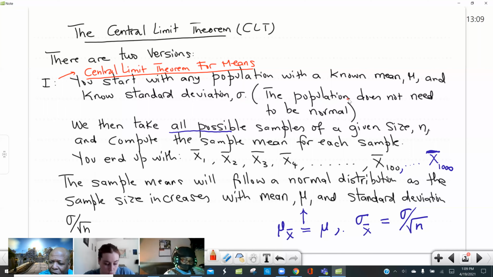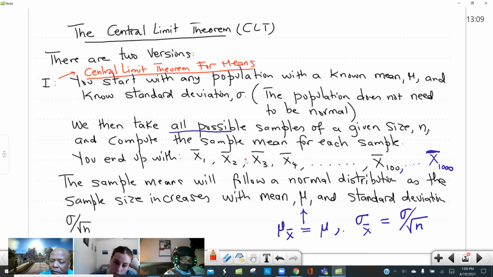The population may be normal, it may not be normal. And then you take all possible samples of a given size, like I was talking about, maybe a size of 40. And for each sample, you compute the sample mean, the average of each group.